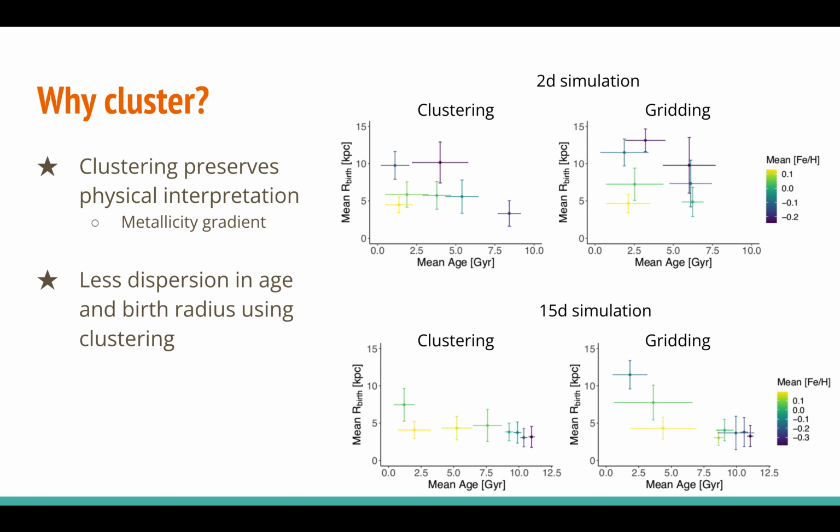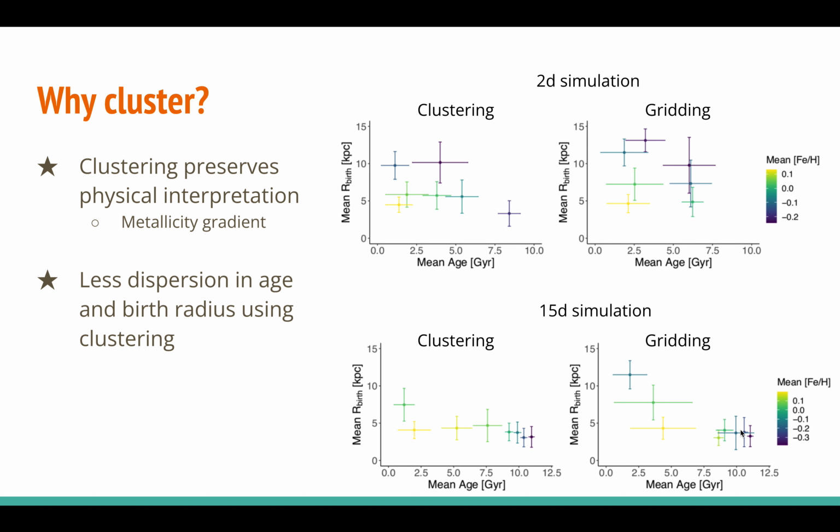We can see this by plotting the mean and standard deviation of each cluster colored by the mean iron abundance, where for a given birth radius, we can see this nice metallicity gradient. Whereas when we grid, there is no metallicity gradient to observe. Also, the standard deviations are smaller, and therefore this shows that when you're clustering, there's less dispersion in age and birth radius than with gridding.